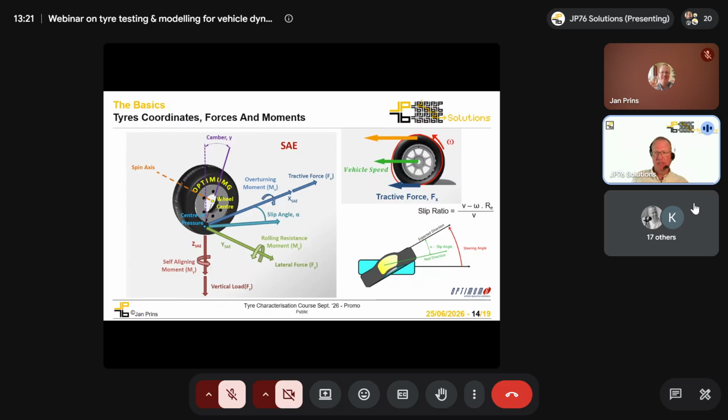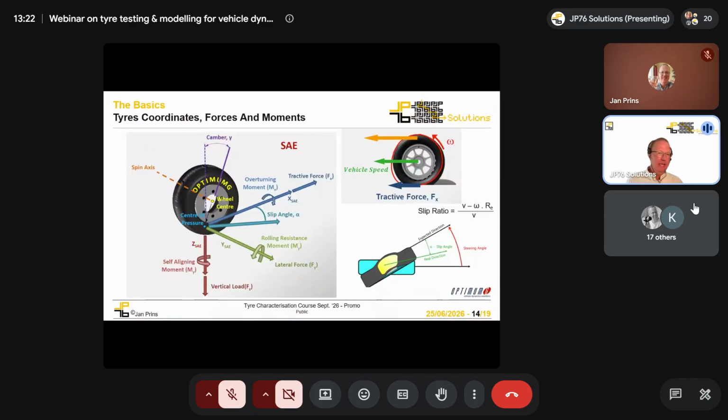And then the tyre might have some angle relative to the road. We call that camber in the vertical plane, or inclination angle, IA, often abbreviated. And tyres, if they don't go in a straight line, tend to have a slip angle. That just means that the tyre is not quite going in the direction that the rest of the car is going.